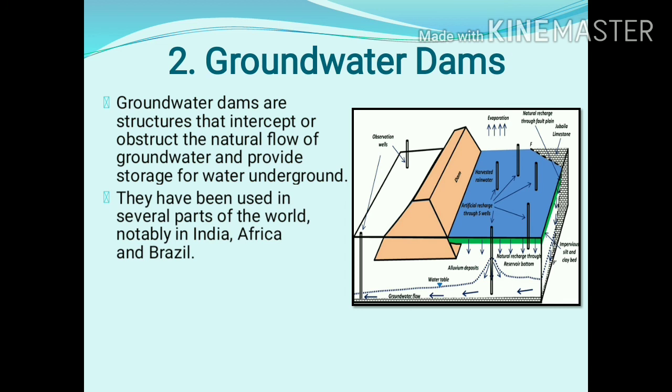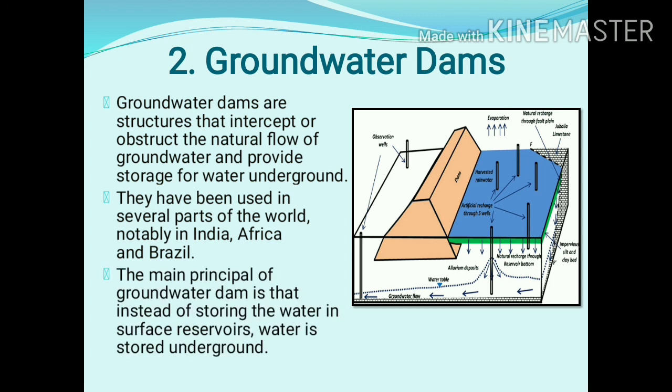They have been used in several parts of the world, notably in India, Africa, and Brazil. The main principle of a groundwater dam is that instead of storing the water in surface reservoirs, water is stored underground. We have already discussed the advantages of storing water underground. So, that is what groundwater dams promote.